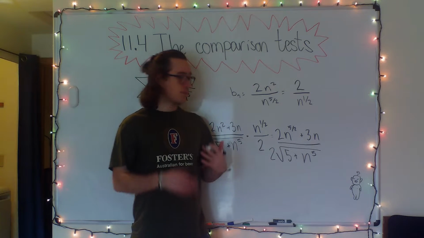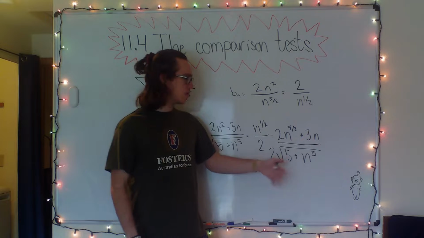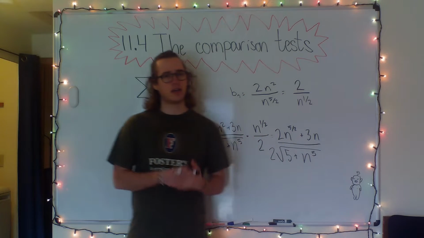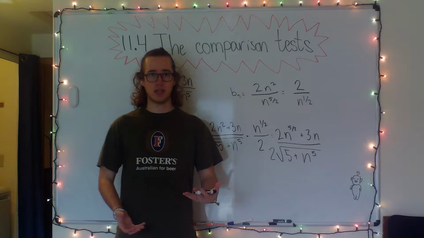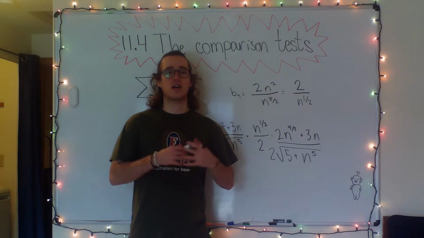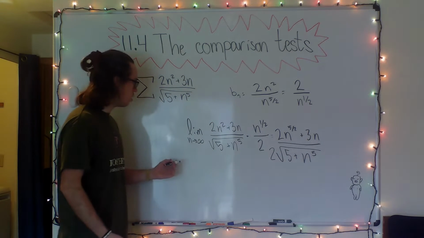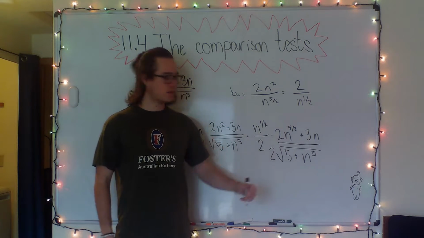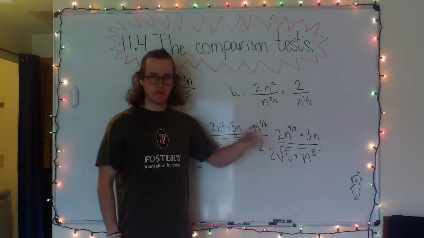Well, actually, it does, because with limits, we don't actually have to deal with the whole expression, because limits go to infinity, so you only have to focus on the dominant terms. So the dominant term on top is 2n to the 5 over 2.